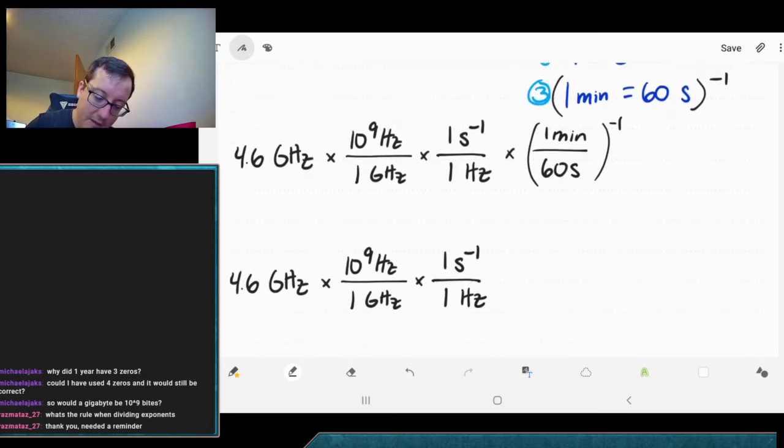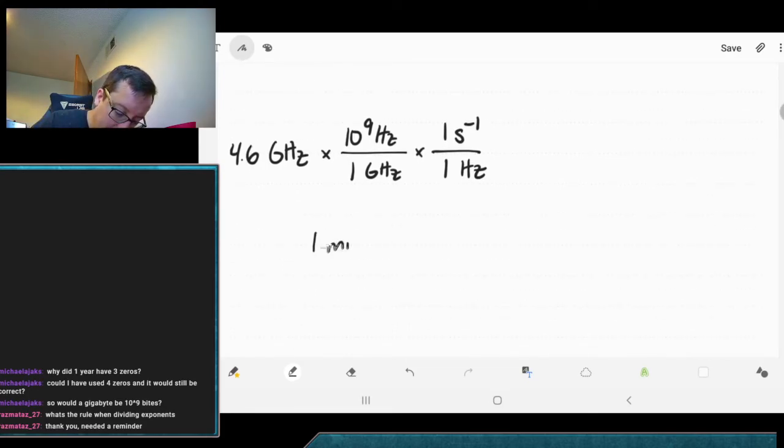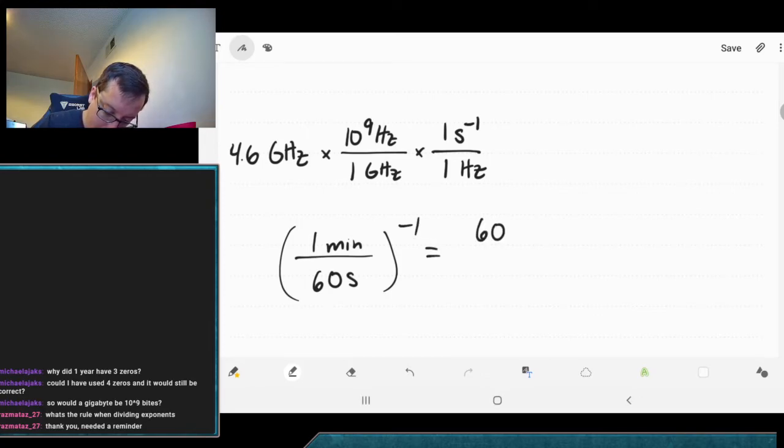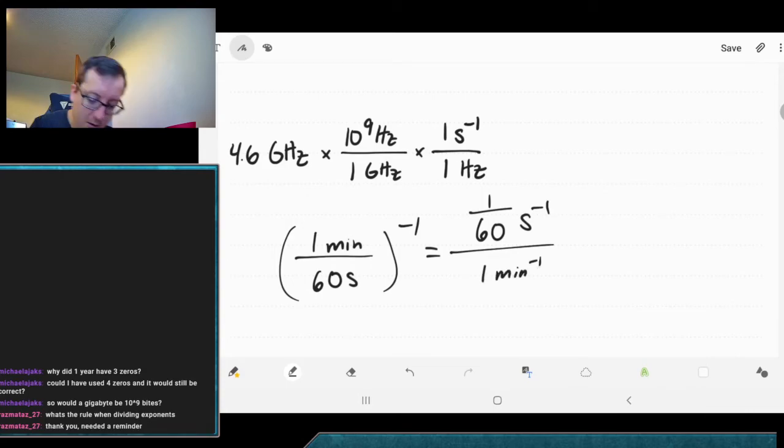Sorry, I have to do all these math rules again. We're going to end up with all this fun, good stuff here. 1 minute to the -1 power. It's a pain, right? It's a lot of fractions within fractions. It's kind of scary.